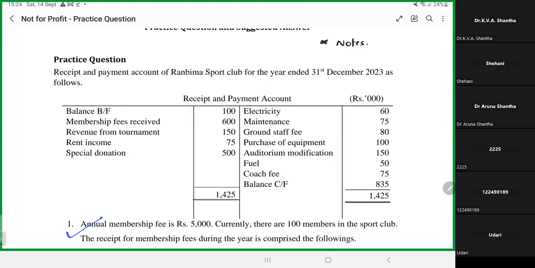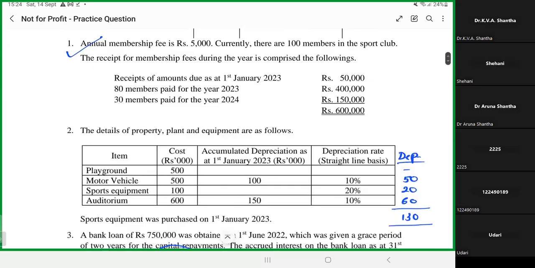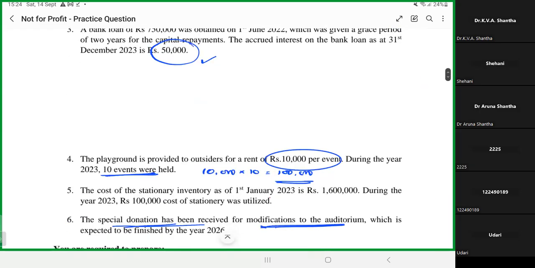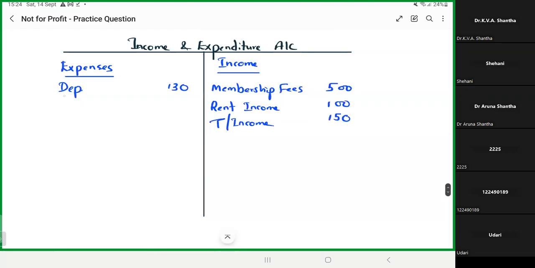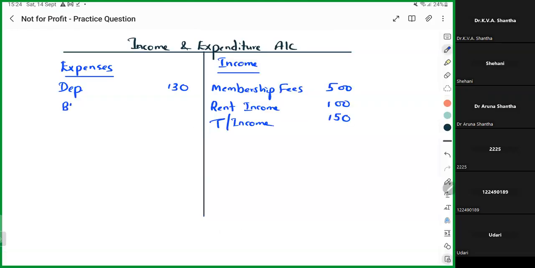By the end of the year, the total interest is accrued. What does it mean? That 50 is the total interest for the year. So under expenses, bank loan interest 50.